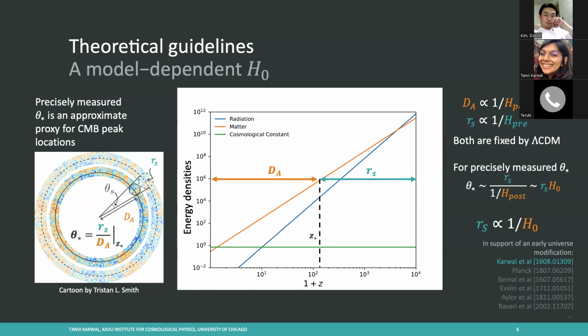So you don't actually need to do anything at the background level to mess with the S8 tension. You absolutely have to do something at the background level to help the Hubble tension. And that also goes back to the fact that the Hubble parameter is about the isotropic homogeneous expansion of the universe, which means background level change. But the S8 tension is about the perturbative universe. How did matter density fluctuations evolve? So you don't need to do something at the background level. If you just change perturbations, you can probably fix that.